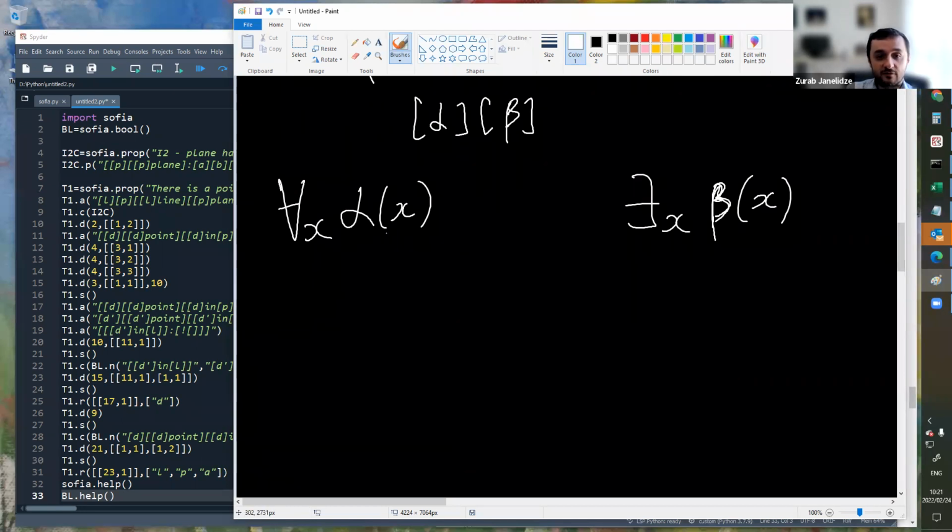So for every x, alpha x, let's actually try to do this together. How would you express this? In first order logic, this says for every x, alpha x is true. How do you think we should express this in Sophia?